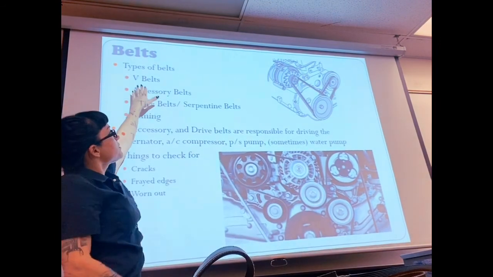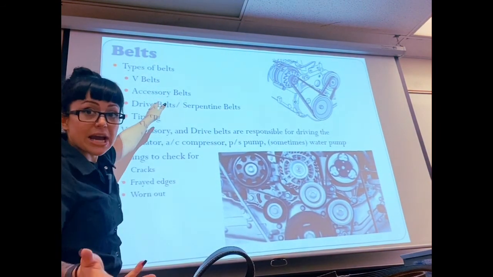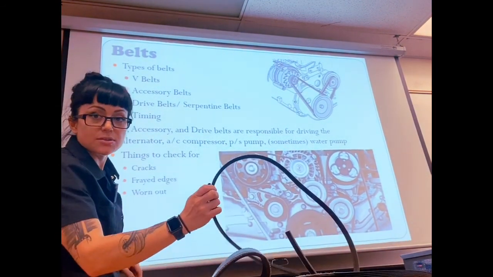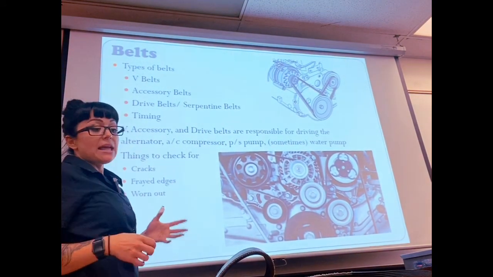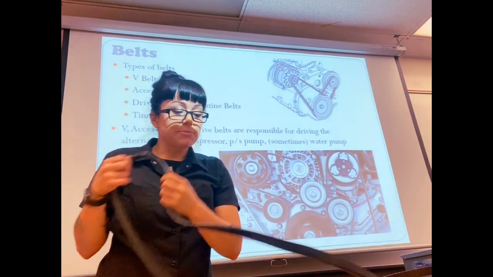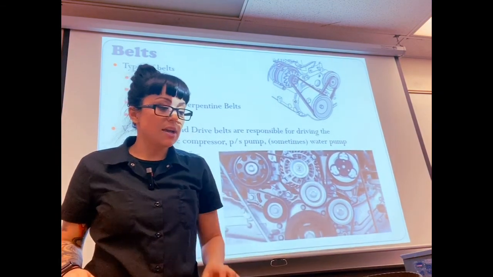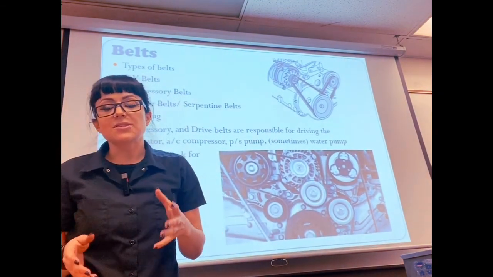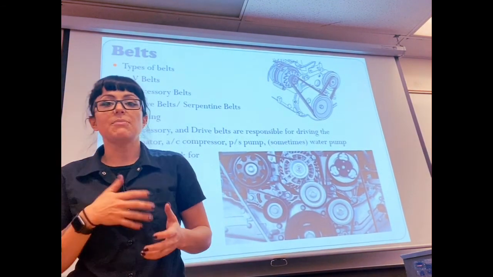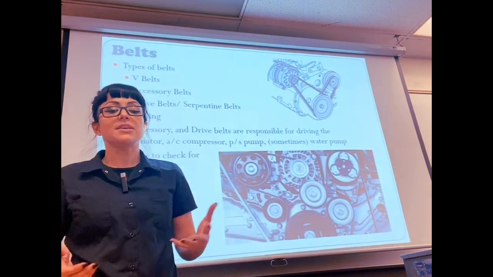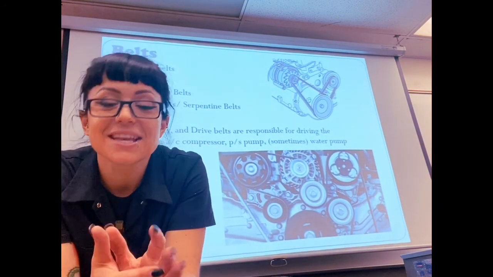So V-belts are a particular style of belt that is used. I showed you the one that looks like a V. Accessory belts can be of the rib design, of the tooth design. What accessory and V-belts have in common is that V-belts are accessory belts. V-belts are just a type of belt that gets used for accessories. Well, what the heck are accessories?